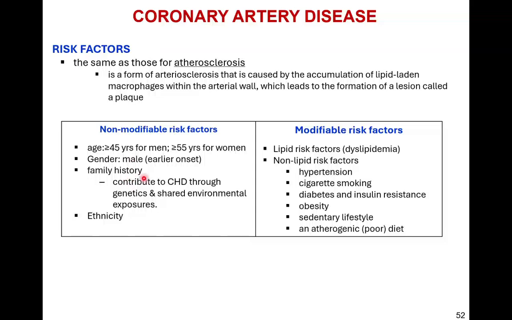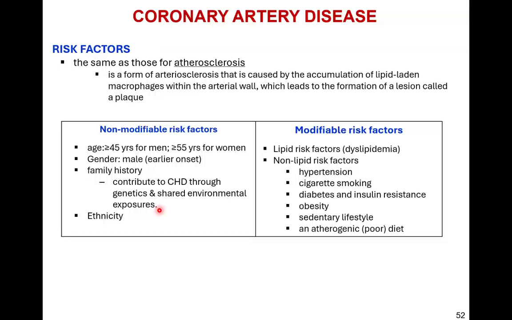Your gender: males tend to have an earlier onset of coronary artery disease. The risk increases in women after menopause. Your family history will contribute to it, so if you shared genetics and some sort of environmental exposure, that can influence whether or not you develop CAD. And your ethnicity: you see increased incidence of CAD and hypertension among Black Americans, for example, compared to white Americans.